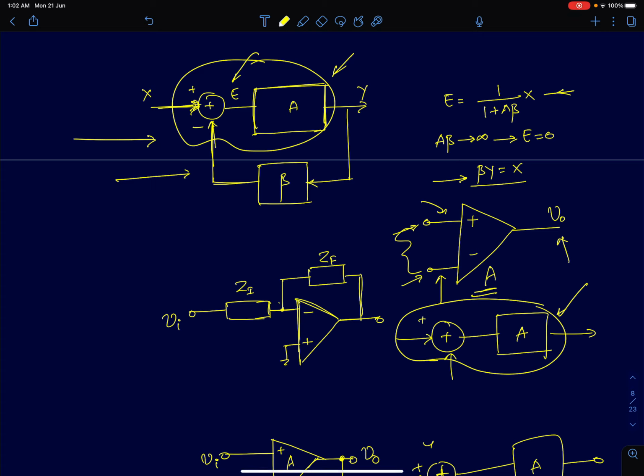If A beta tends to infinity, then the error will tend to 0, which means the plus terminal and the minus terminal voltages will become equal. Now this is a very important point to understand, because throughout the analysis of operational amplifiers, they are mainly used in negative feedback circuits.